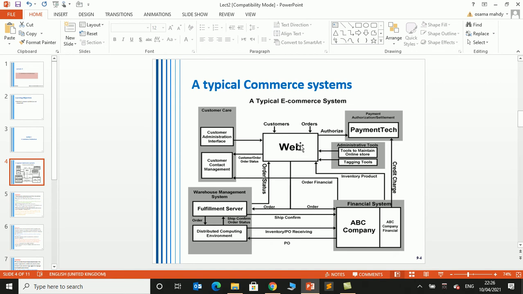This component we will describe again and again in detail in the next lectures. We will go deeply into the types and forms of web servers and the recent technologies behind this main component.